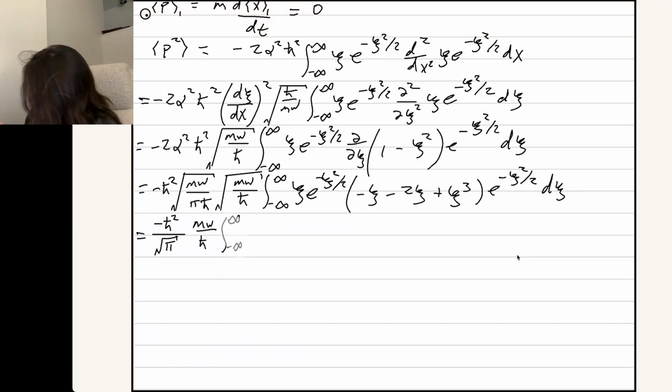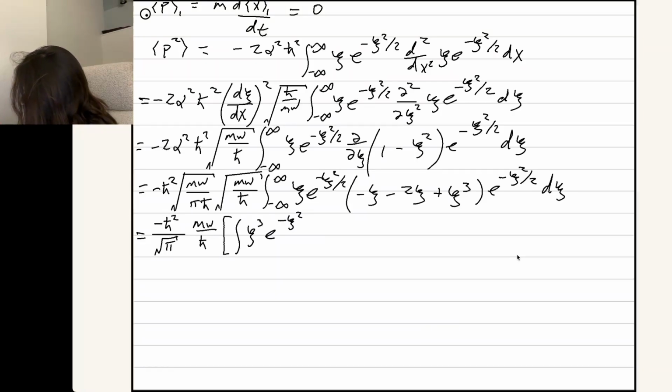We're going to split up the integral, actually. We're at that point where we can have an integral of ξ cubed times e to the minus ξ squared.